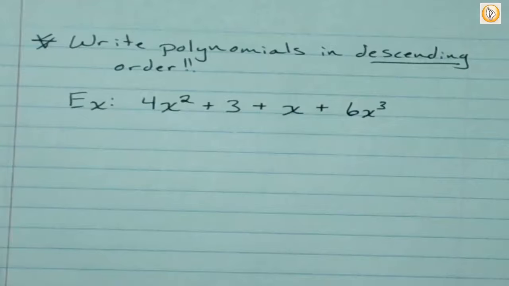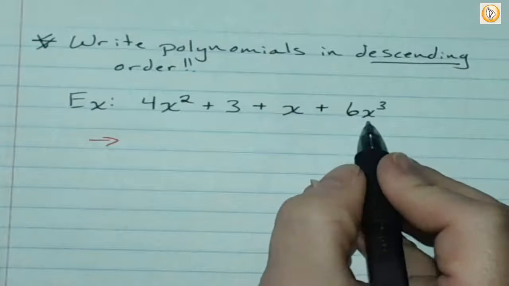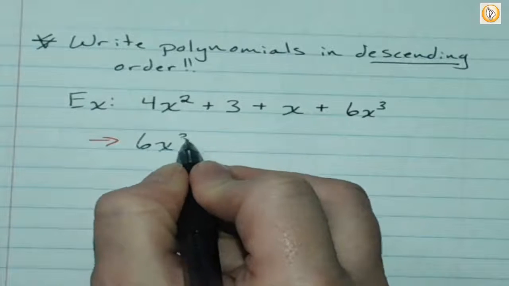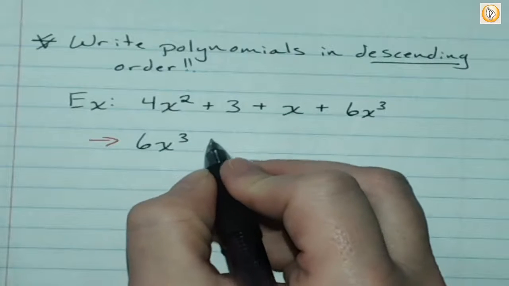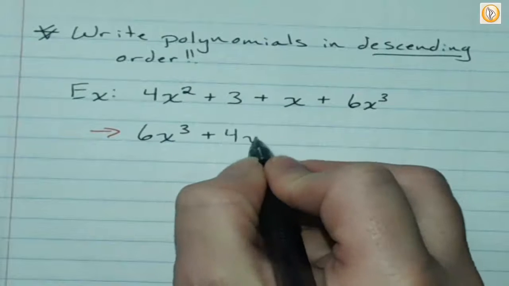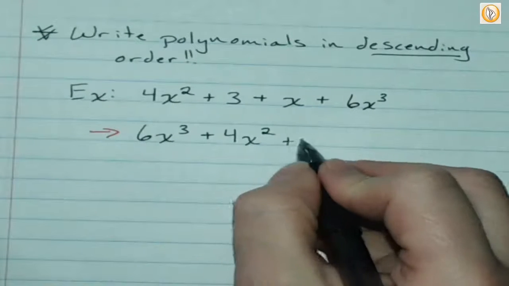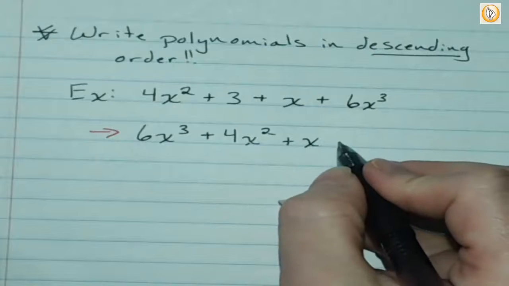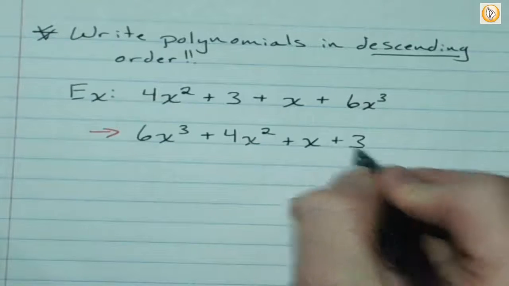So by looking at that, Michael, what would come first? Cubed, yeah. So 6x cubed comes first. Taylor, what would come next? 4x squared. What would come next, Gabby? X. And Aiden, what would come next? 3.